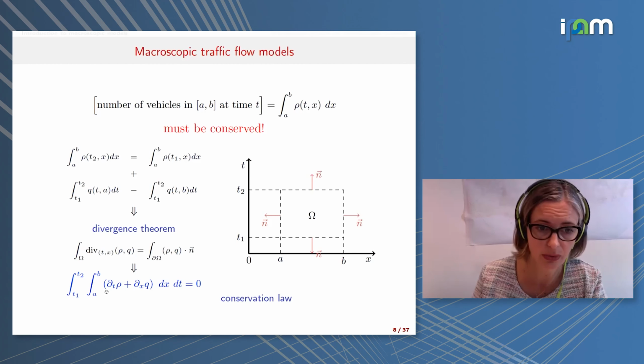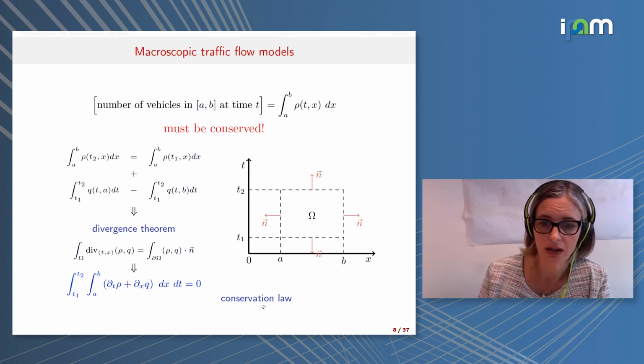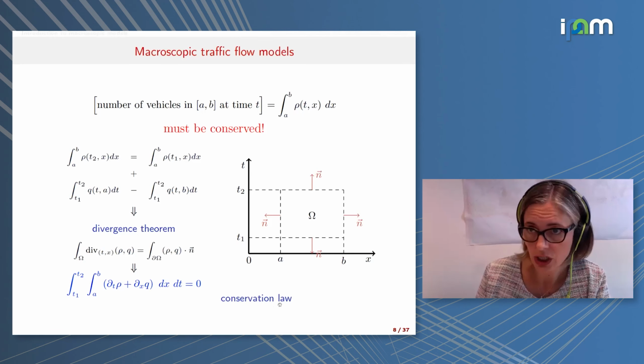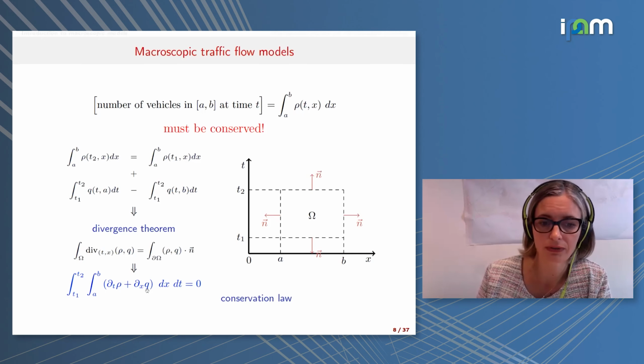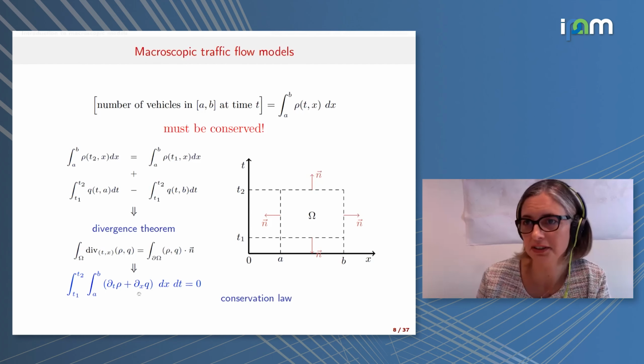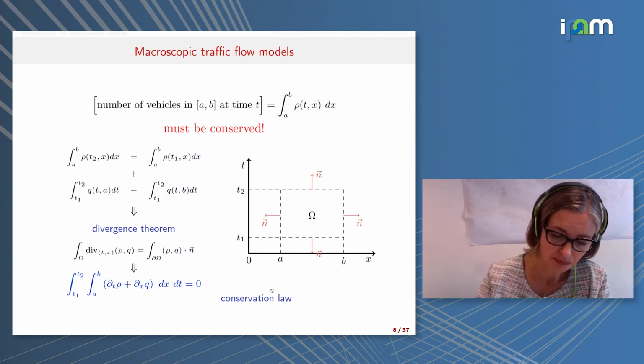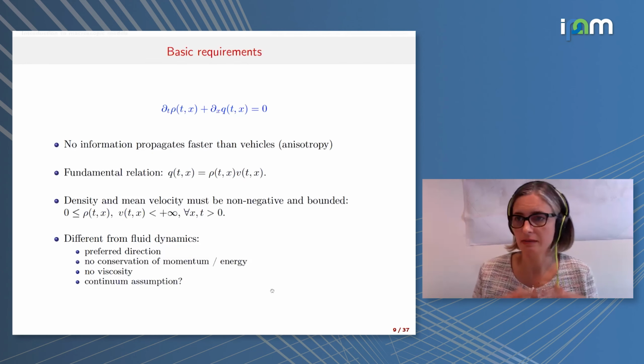That means that we recover what we call the mass conservation law: the partial derivative in time of the density rho plus the partial derivative in space x of the flux function q must be equal to 0. So this is where the macroscopic model comes from. This is just mass conservation.